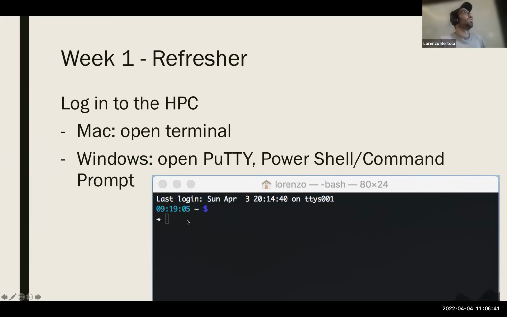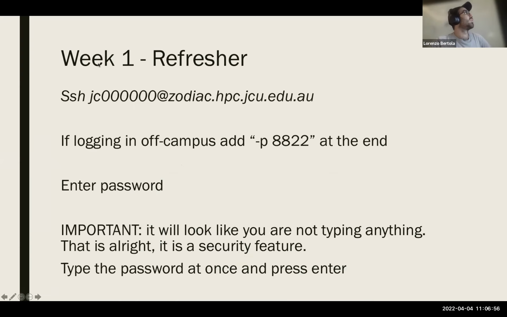While on Windows, you will be using something like PuTTY, which you have to download, or PowerShell or Command Prompt, which are sometimes already installed. And once you've opened your terminal of choice, then it's a matter of logging in with the command at the top. Remember not to have the first S as a capital letter, because ssh is all lowercase.